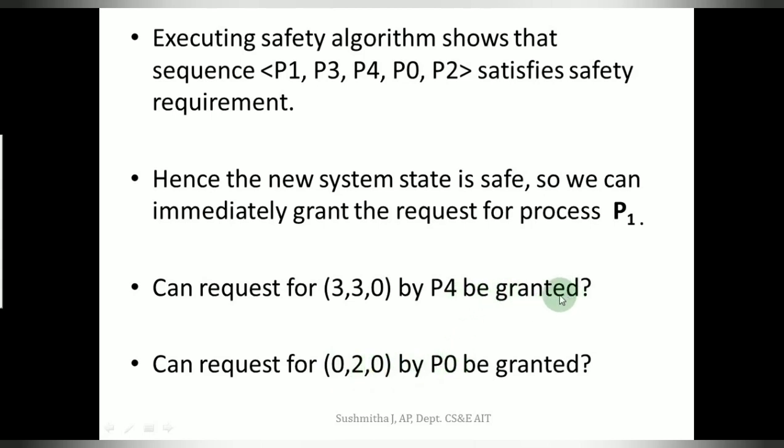So you have to run your resource request algorithm and then change the matrix, and with that changed matrix you see if it is leaving the system in the safe state. Only then you can grant the request. You can try it as an exercise for these two processes.